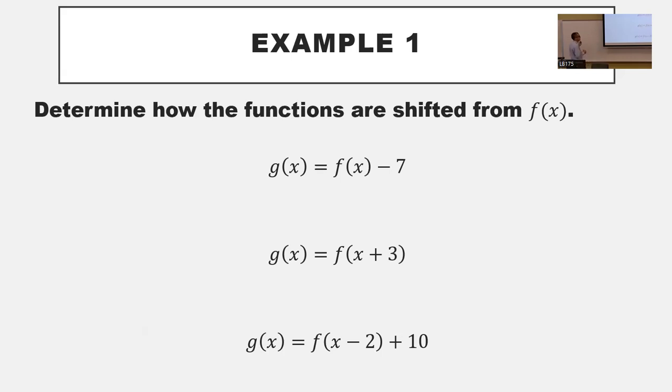So the first one is down 7. The second one is left 3 units. And then this third one is right 2 units and then up 10 units. So we go right 2, up 10. Again, x minus h, since this is a minus a positive number, that's right 2, and then plus 10, up 10.